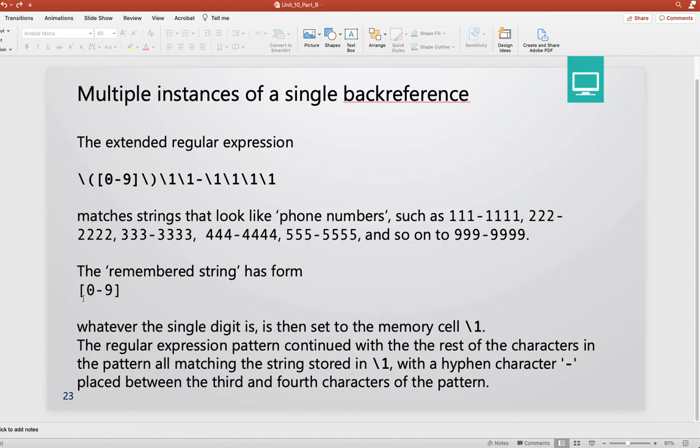Here the digits are from 0 to 9, with the hyphen character placed between the third and fourth character of the pattern.